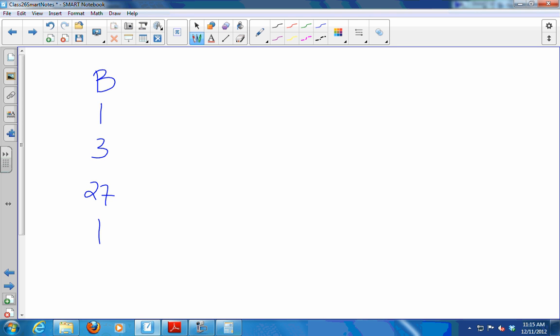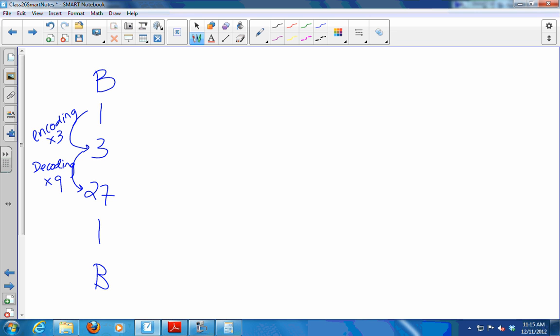Because when you subtract 26, you get 1, which is the letter B. So B gets encoded as 3, this is my encoding by multiplying by 3. Then my decoding is multiplying by 9, and that just brings me back to B.